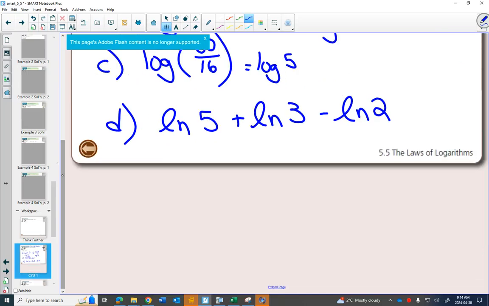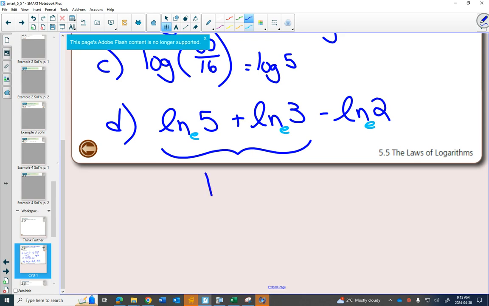Do you remember that the base in the natural log is the number e? Just like log by itself, when no base is written, is a base of 10, natural log assumes a base of e. But it happens so much that they just use natural log instead of writing out log base e.